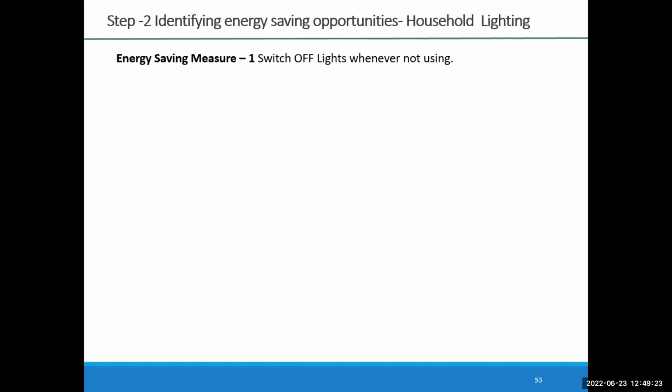If the daily operating hours is 10 hours, and based on day-to-day practices you find that these lights are sometimes unutilized for a few hours, then when no one is available, it is better to switch off rather than continue to run. So this is one kind of energy conservation opportunity as a behavioral change.